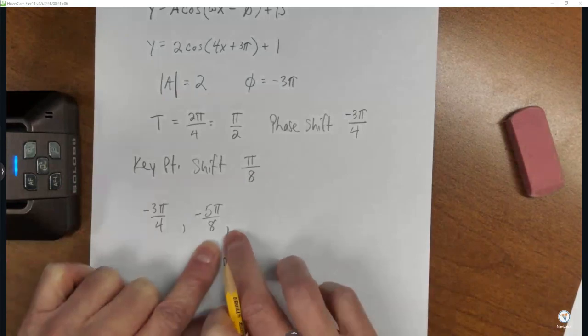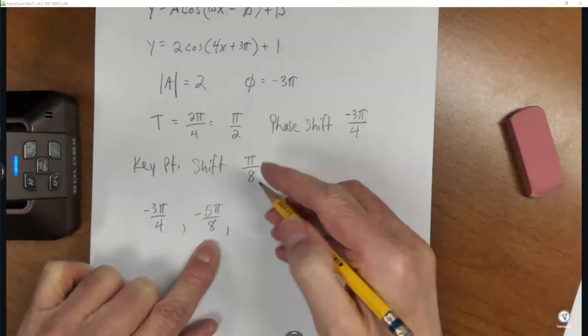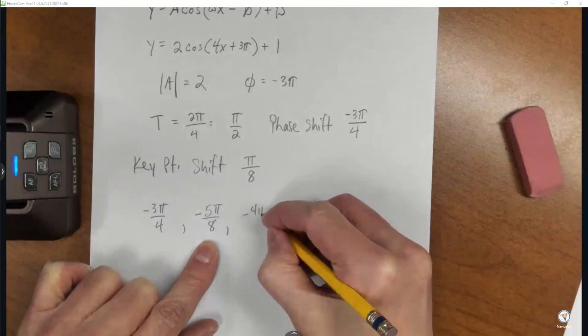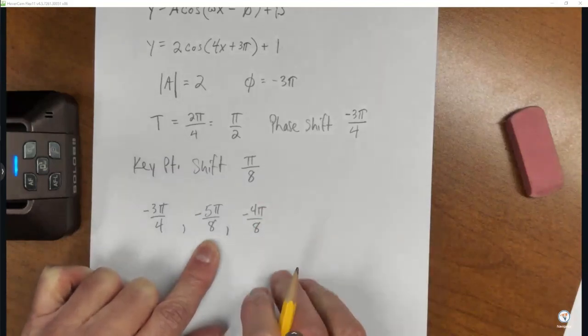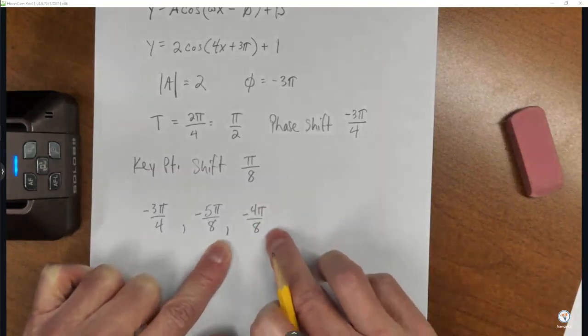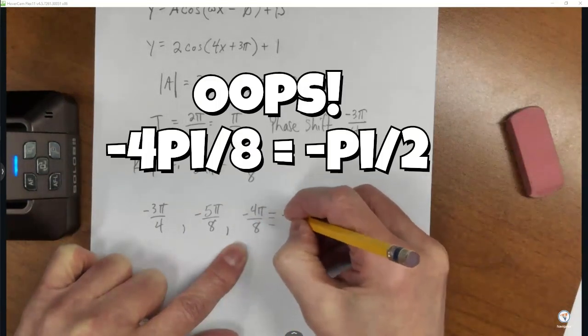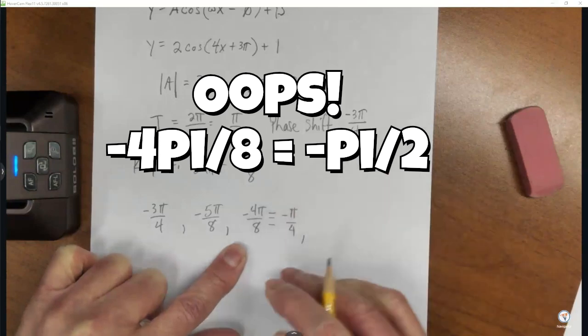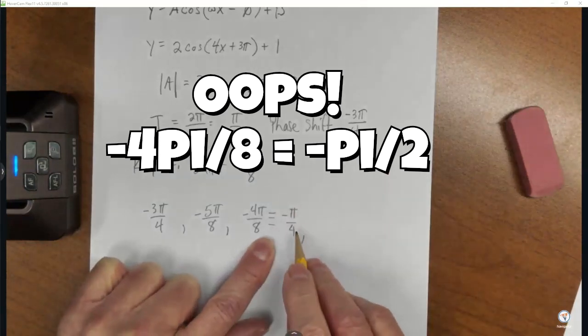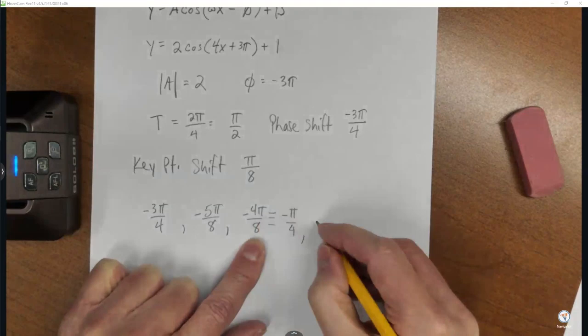After that, if we add another pi over 8, it's going to be negative 4 pi over 8. And obviously this reduces to negative pi over 4. Okay, and then after that, it'll be negative 3 pi over 8.